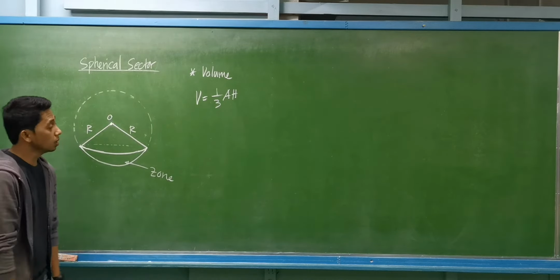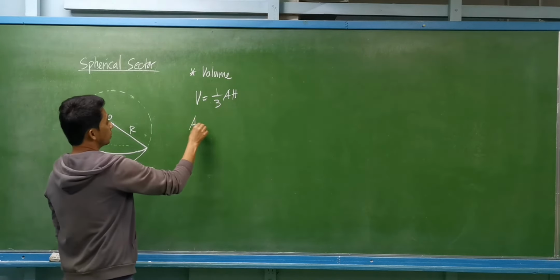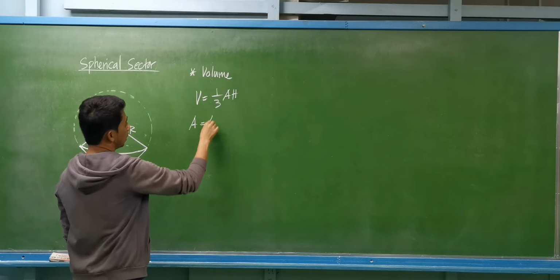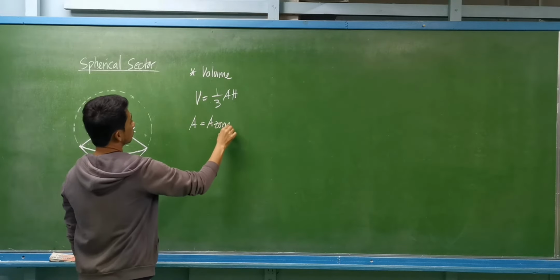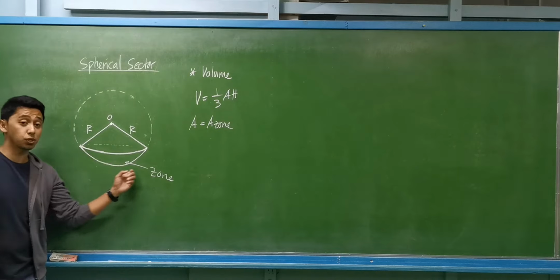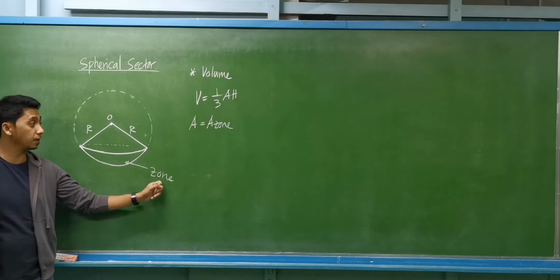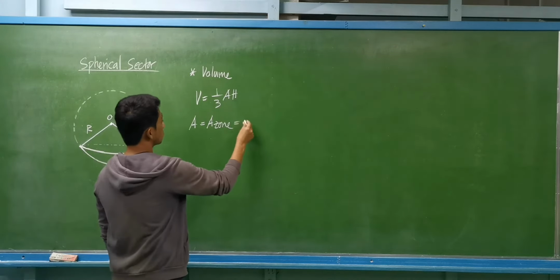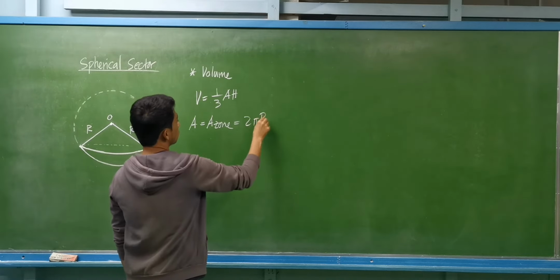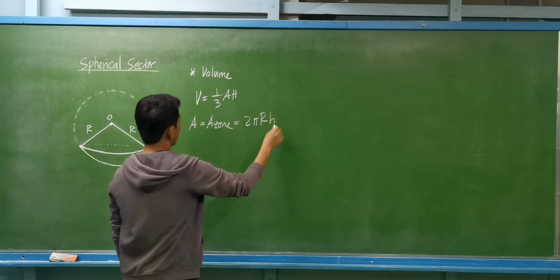If we say pointed solid, the volume is 1/3 of its base area multiplied by its altitude. So what is that area? This time, this area is the same as the area of the zone. That is a curved surface, which is the area of the zone. Area of the zone is equal to 2 pi, the radius of the sphere, multiplied by h.